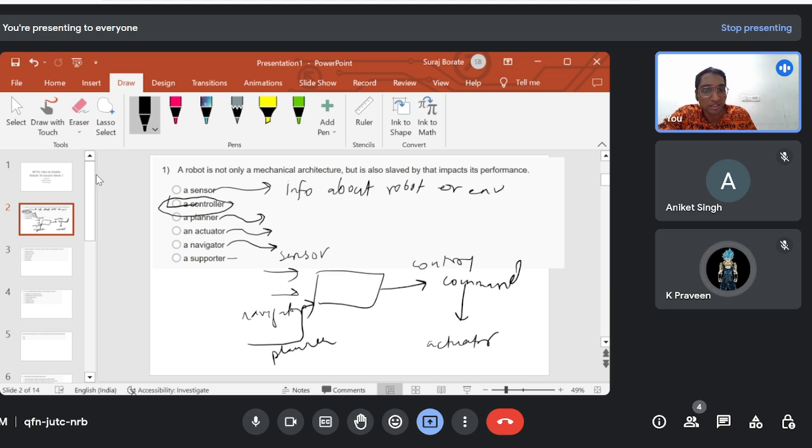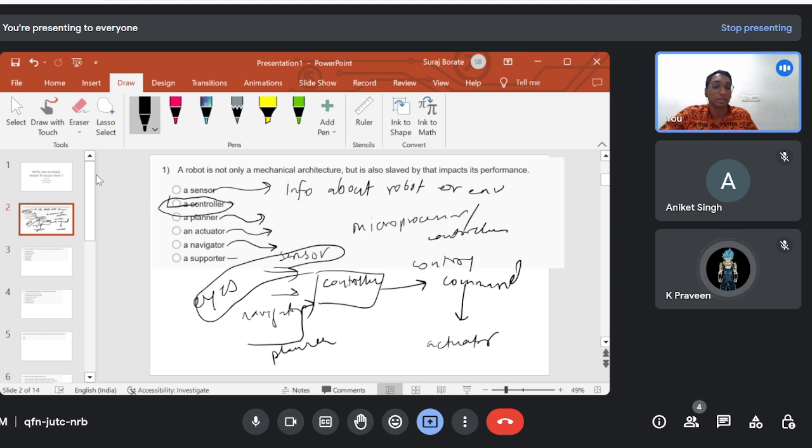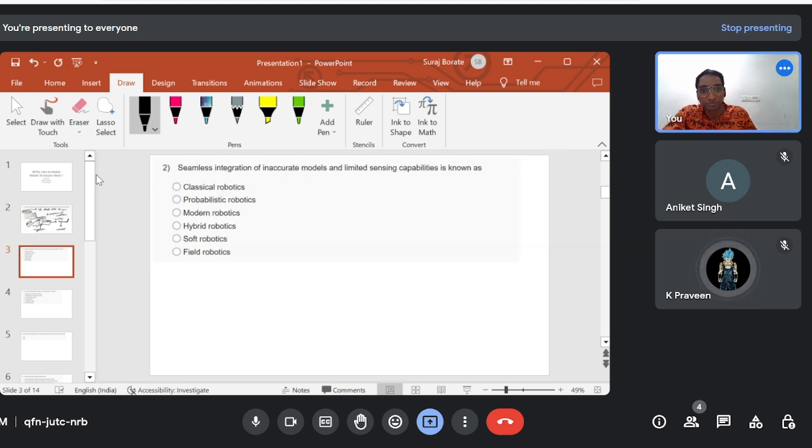So this is essentially the brain, while here you have the eyes and so on. In an actual robot, you will have all of this on a microprocessor or a controller, and the code will be there. This is a very basic question, so let's move on to the next question.